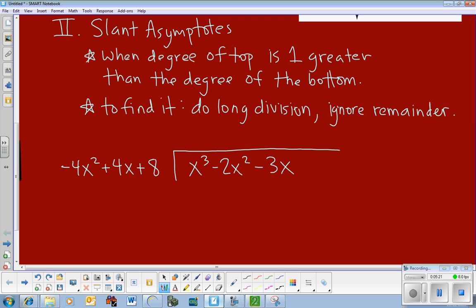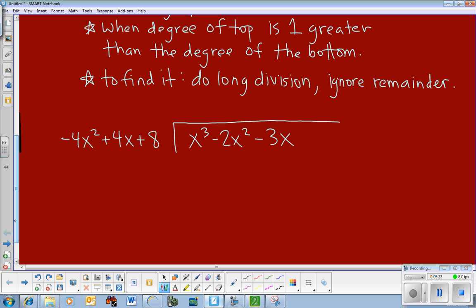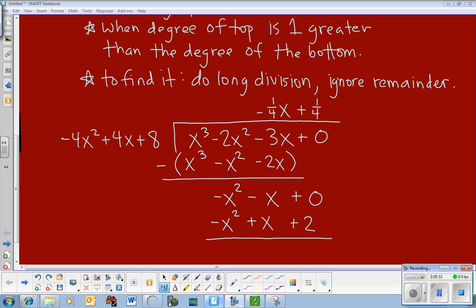All right, so let's do that long division. I'm going to encourage you to pause your video, do the long division, and then resume. I'm actually going to pause and write it out and then resume to keep this length down. Okay, so I'm back, and you can see that this long division is a little bit uglier than they normally are. I need to ask myself, what do I need to multiply negative 4x squared by to get x cubed?